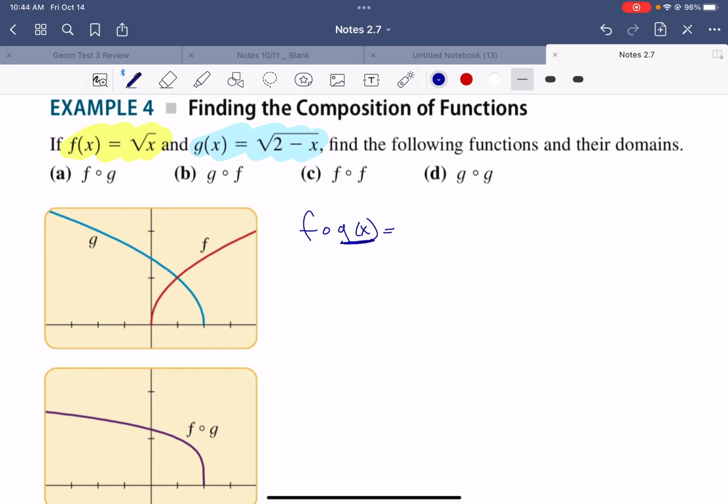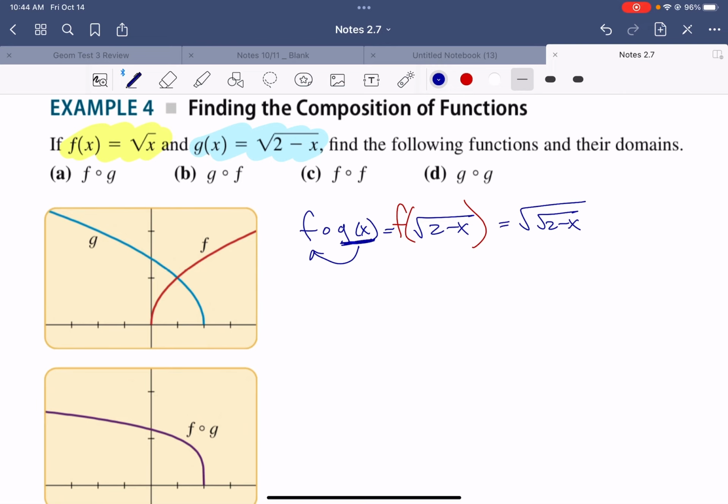First I plug into g, get an answer, and then I plug that into f. So if I plug into g first, I get this. And then I take that output and plug it into f. Well, what does f do to things? It takes the square root of it. So that's simply going to be the square root of what I give it, the square root of 2 minus x. Weird.